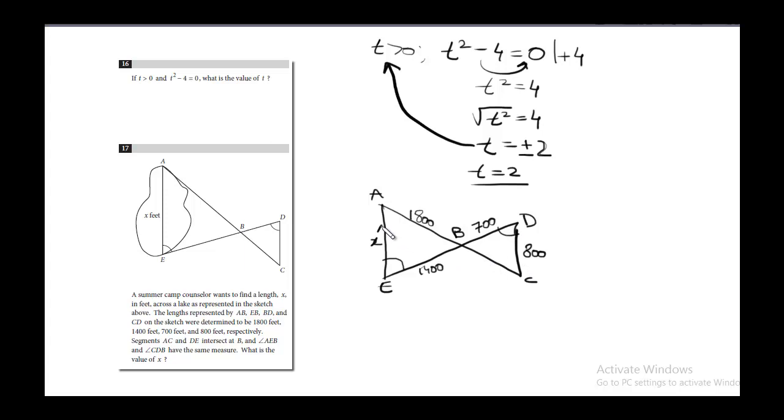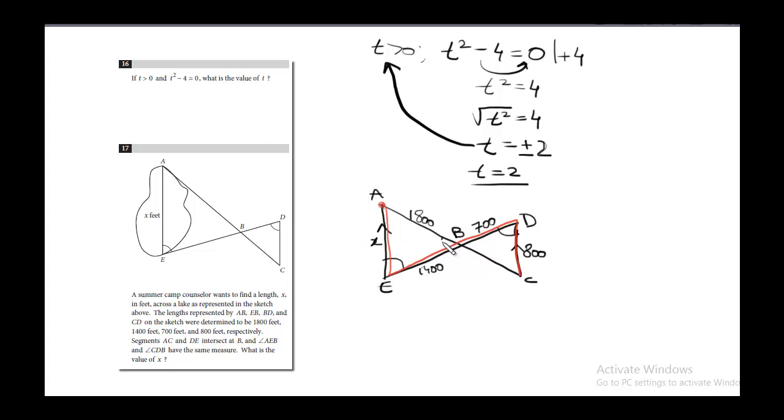Therefore, the lines AE and DC are parallel, because we have a Z angle here. The Z angles are equal. Therefore, the lines are parallel.